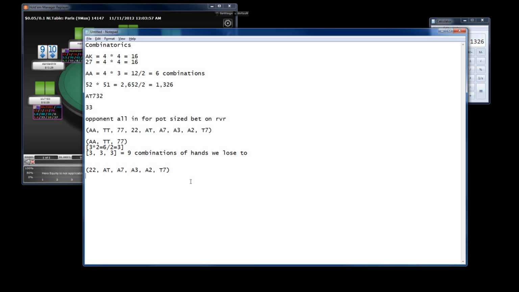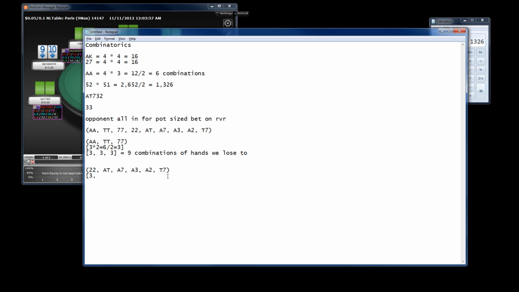So let's check out the first one here. Pocket deuces. We already determined that a pocket pair, with basically a set on this board, is going to come out to be 3 different combinations. So we'll go ahead and make the first one 3 combinations. Let's figure out ace 10 though. Ace 10 is going to be a little interesting.